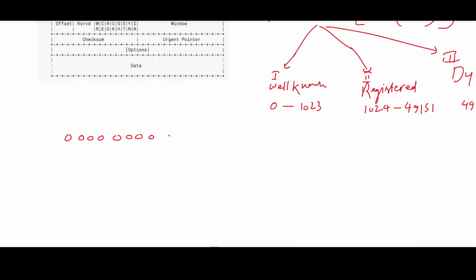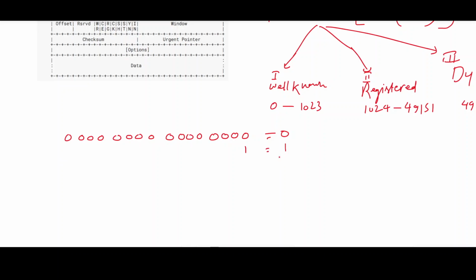Now this is 8, and this is 8, so 8 plus 8 is 16. Clear? Here we have written 16 bits, and the total value is 0. Now if we want 1, we put 1 here, and the remaining digits will be 0.